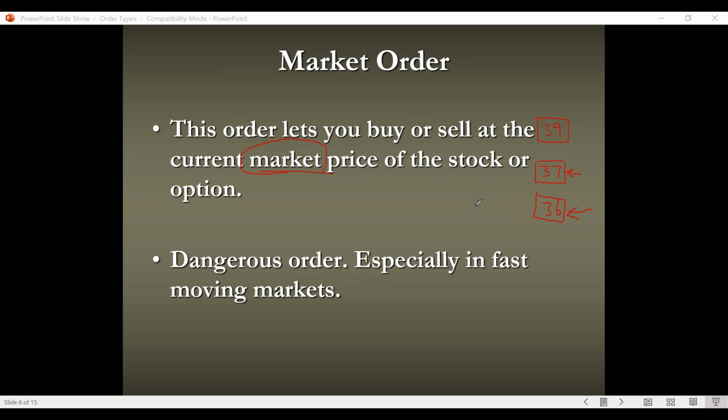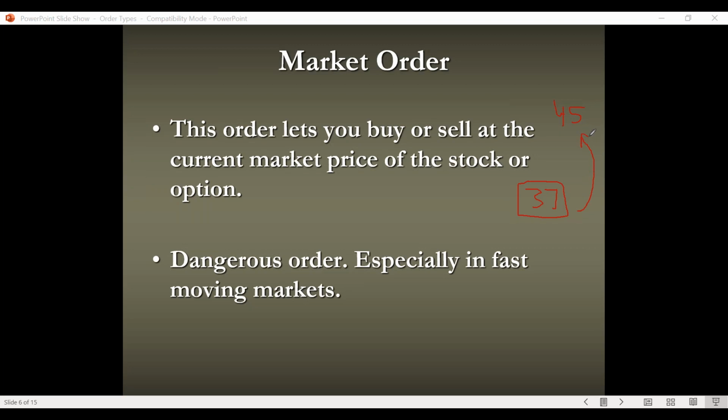But you better understand what the risk is. That price you saw at 37 as you were filling out that order, that's what you're assuming you're going to buy at. You could end up buying it at $45 if for some reason while you're placing your order, some breaking news came out and it spiked that price up immediately.